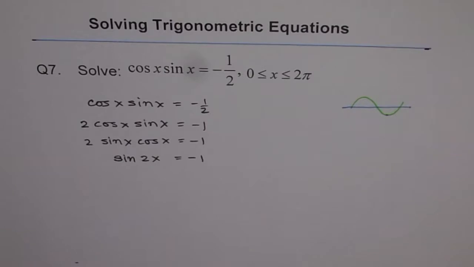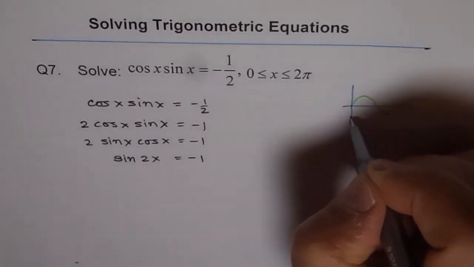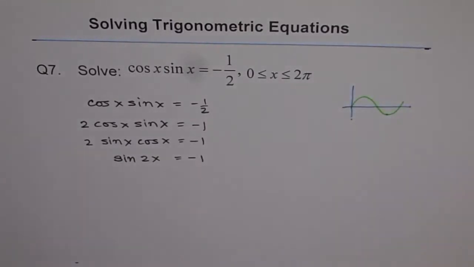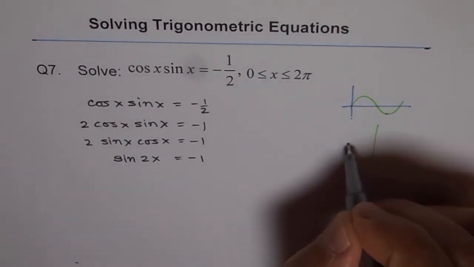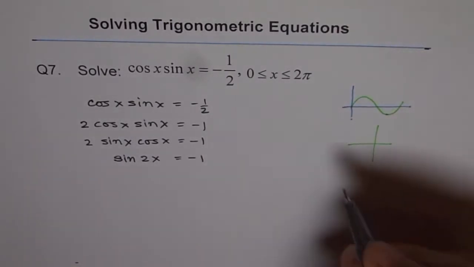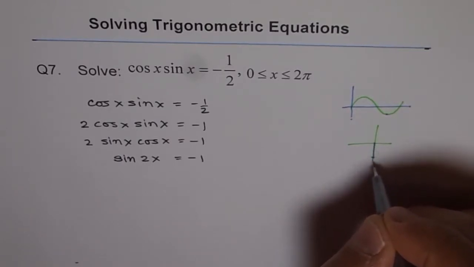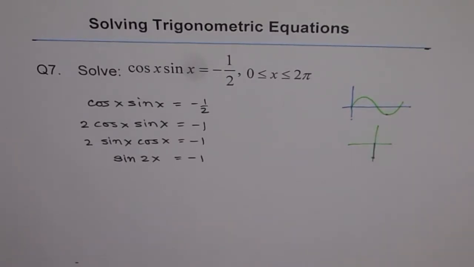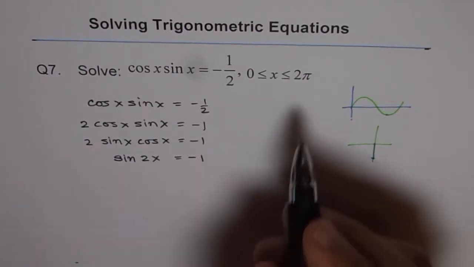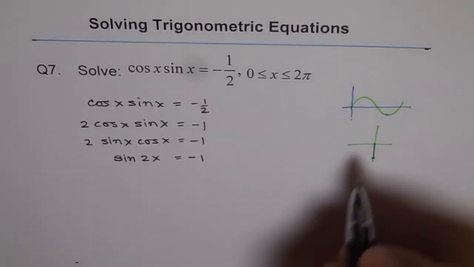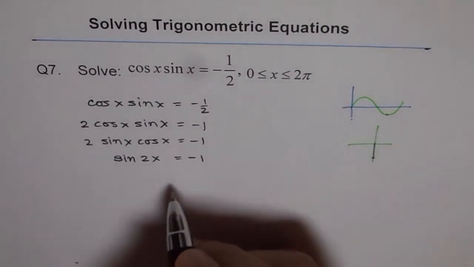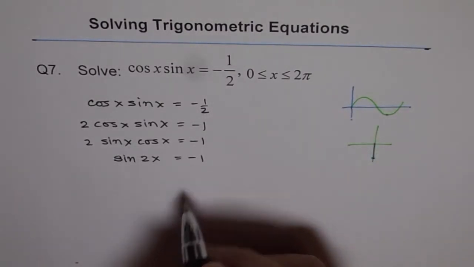Or you can also make a coordinate plane like this, and sine is negative 1 when you are here, at 270 degrees. So within 0 to 2 pi, for 270, sine is minus 1. So that could be one answer.